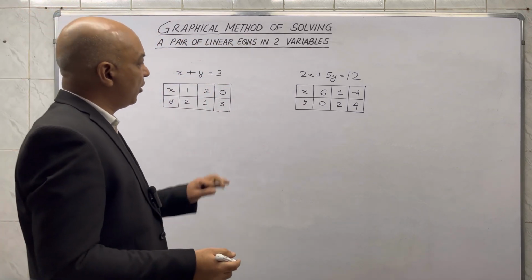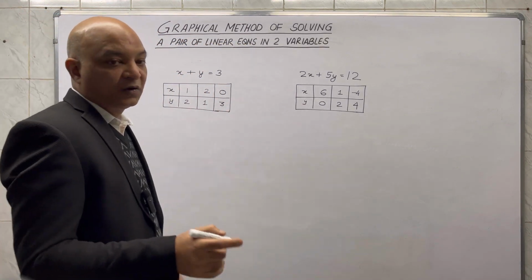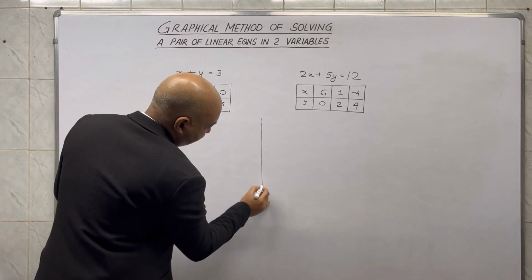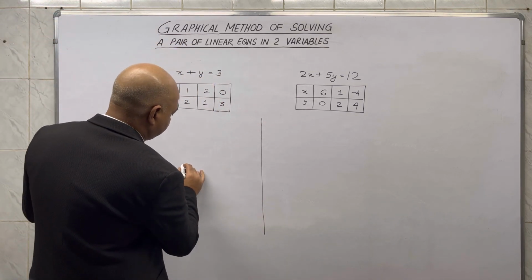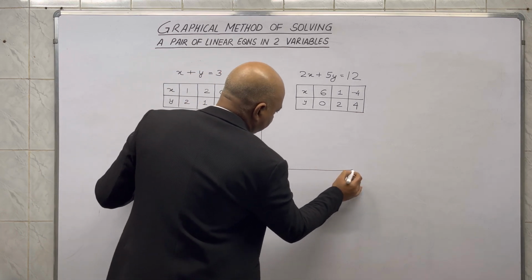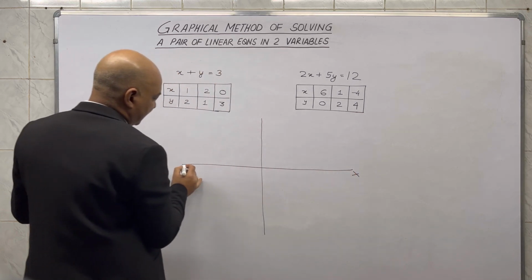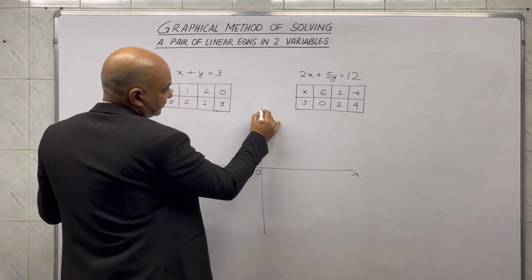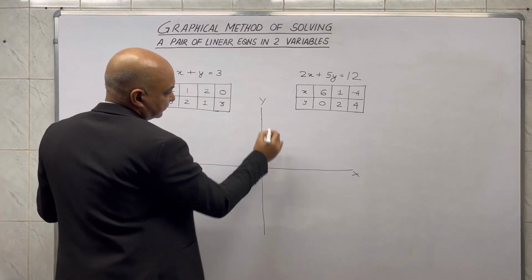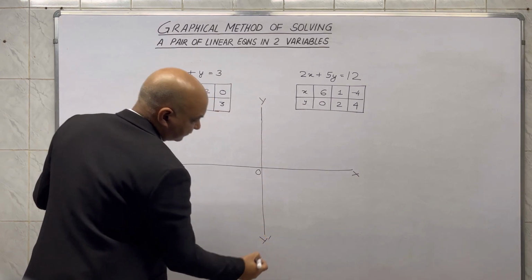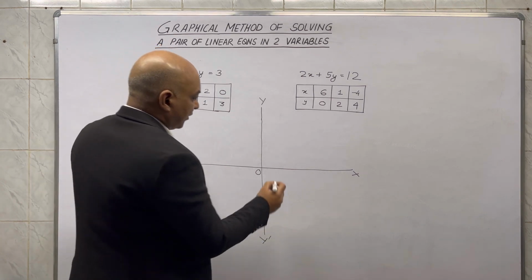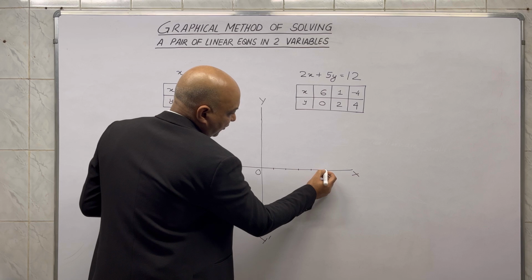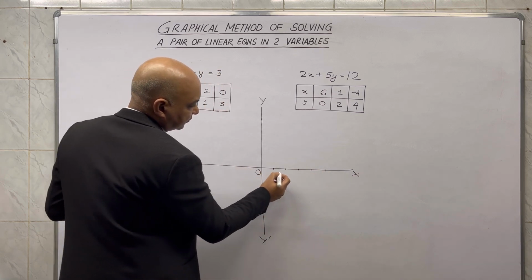Next I will plot these values on the same coordinate axis. We are already aware of the coordinate axis, so I am going to plot these lines one by one.